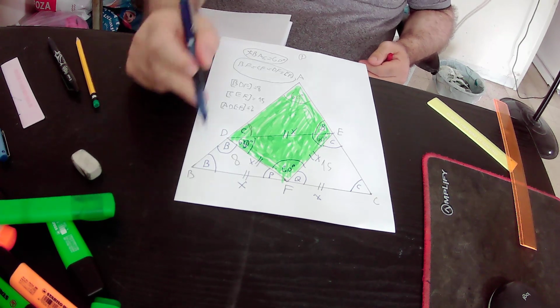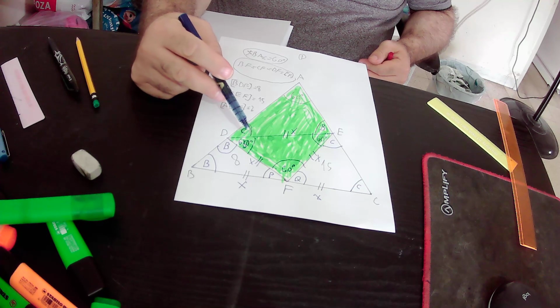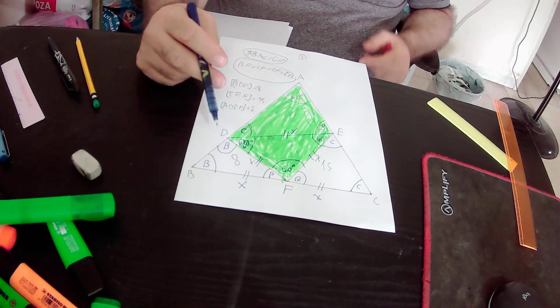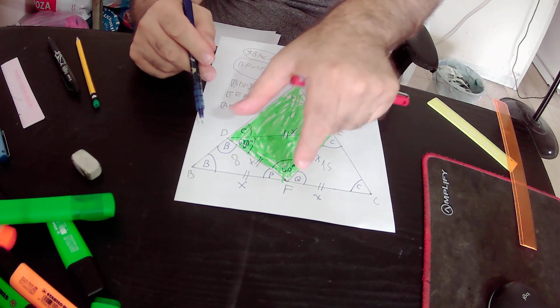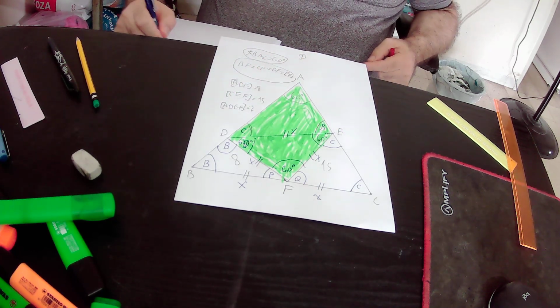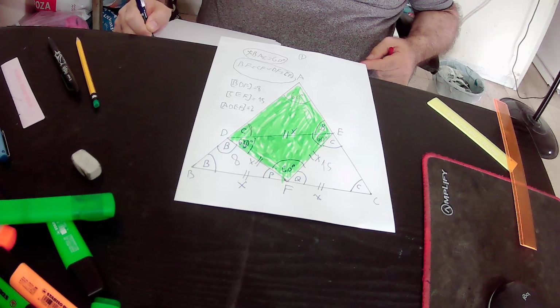And the area of triangle DBF, according to the formula, will also equal x times x times sine p over 2, or x squared times sine p over 2.